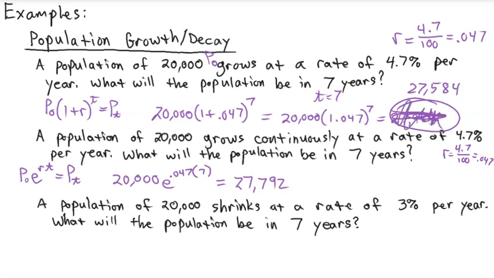I am so sorry about that, so make that correction: it's 27,584. So the continuous growth gives us a slightly larger number. This is 700, where this one is 500.